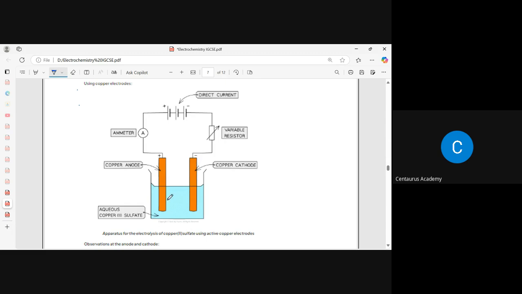Now in this scenario, when you have reactive metal electrodes, the copper anode tends to dissolve. They lose 2 electrons and produce copper ions. Can someone tell me what ions are present within the aqueous copper(II) sulfate?